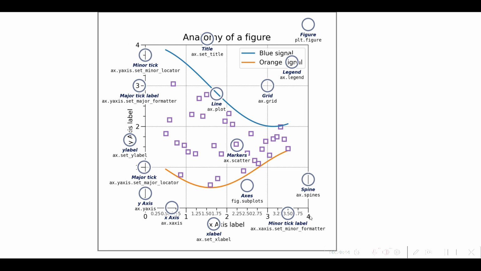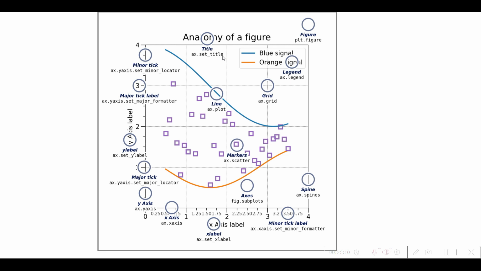So this is our plot, and let's say you are going to use a label on the x-axis. You are going to name your x-axis. For that you can use the x label, using set_xlabel. This ax is basically an object of this figure, so you can use that object dot method name to set your title.